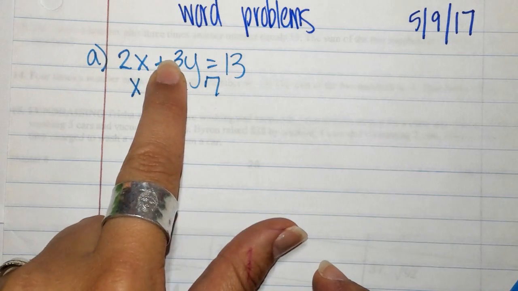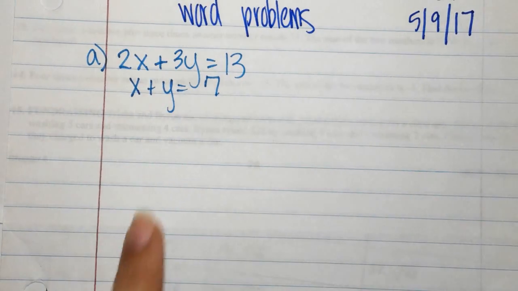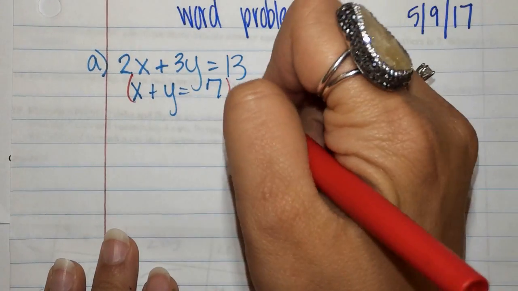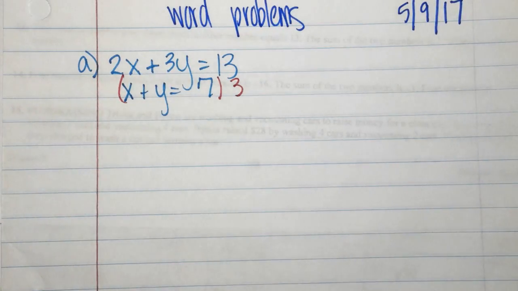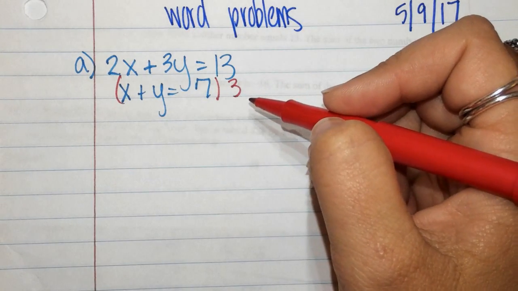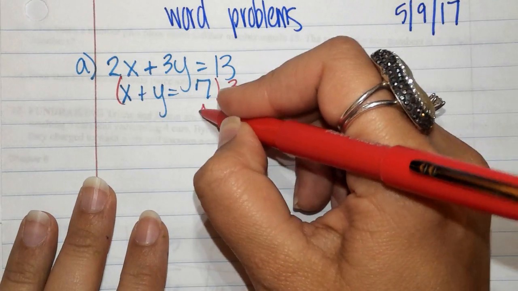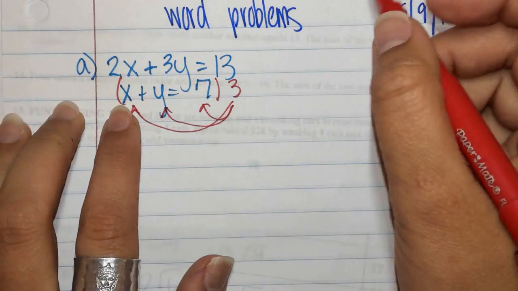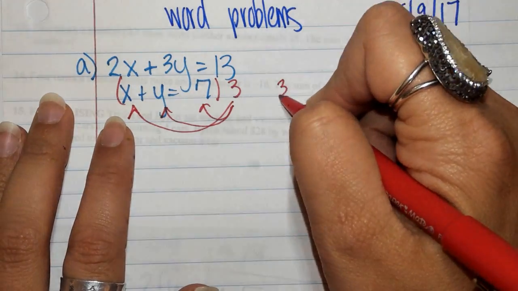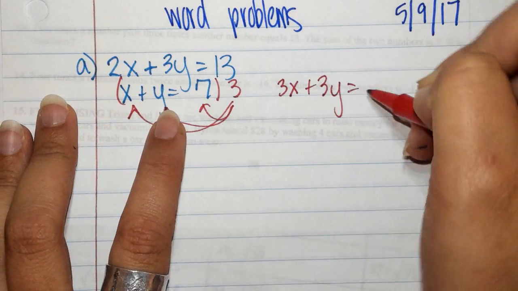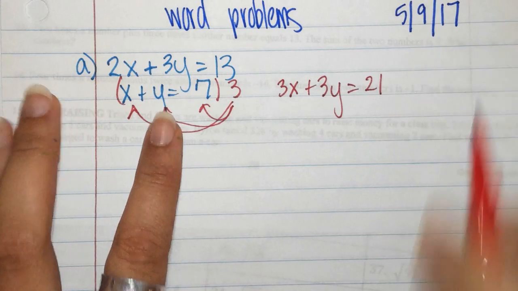What would we need to multiply to eliminate y? 3. Are we going to multiply all the things by 3 or one of the things? All of them. Alright, 3 times x is 3x. 3 times y is 3y. And 3 times 7 is 21.